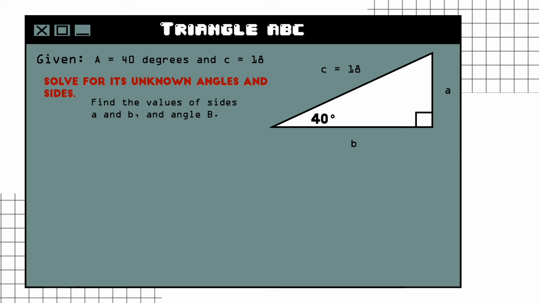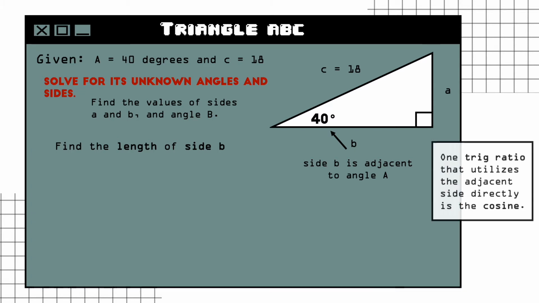Let's proceed to finding another one, which is the length of the side B. From the diagram, side B is the adjacent side of the given angle. One trig ratio that utilizes the adjacent side directly is the cosine ratio. And we know that the cosine of an angle is simply the adjacent divided by the hypotenuse.